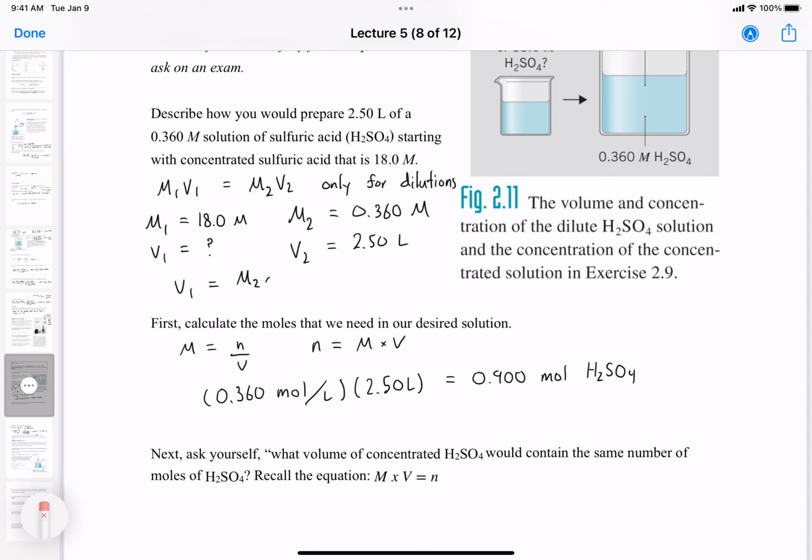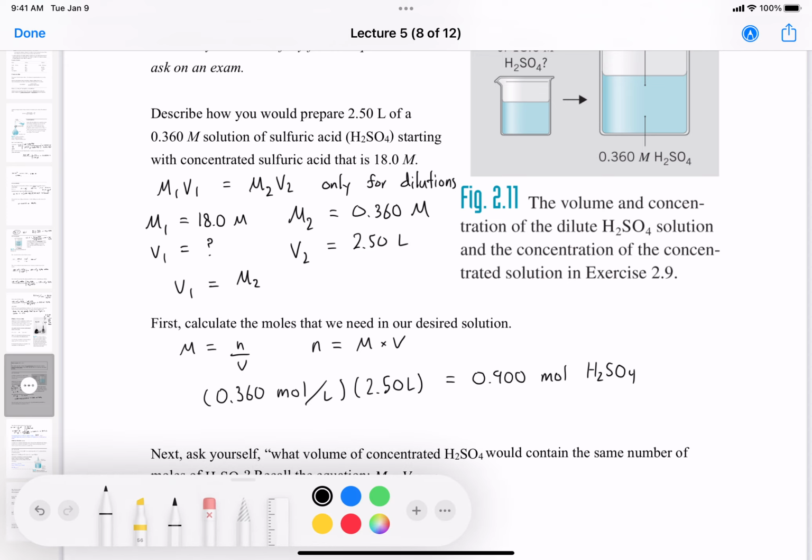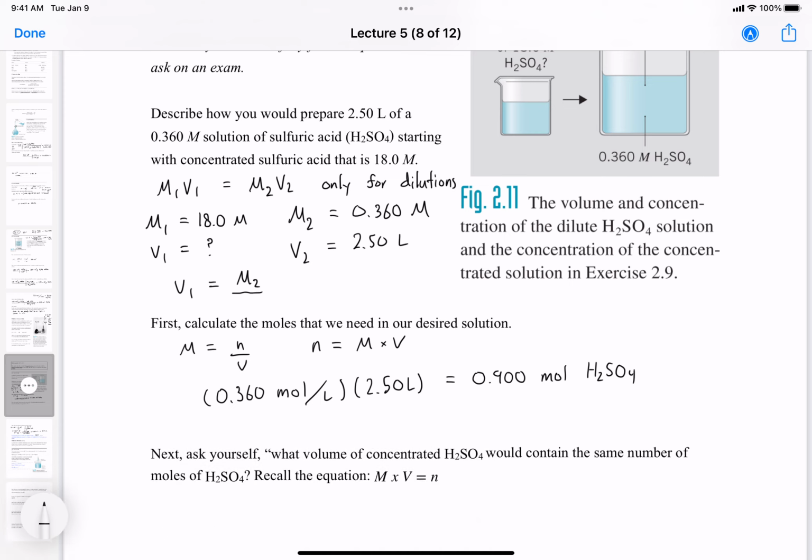I meant the ratios of the molarities will be a factor for the volume. So the ratio of the molarities will give us the volume we need to get a diluted solution to a new volume.